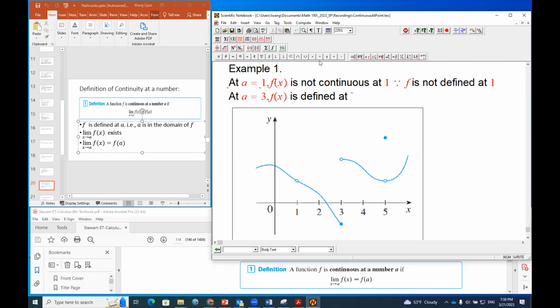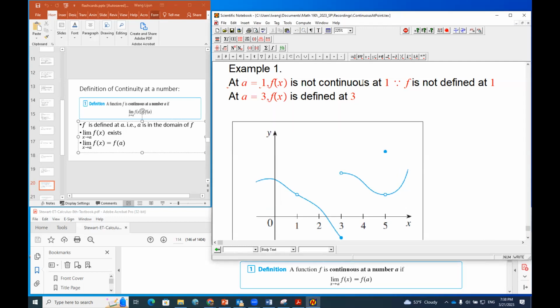How do I know? Because there's a dot. If I draw a vertical line, it passes the curve at exactly one point right here. So f of 3 is defined. So the first condition is checked.